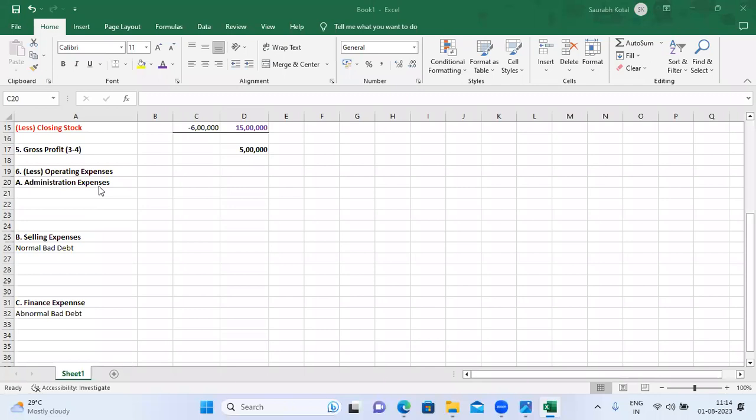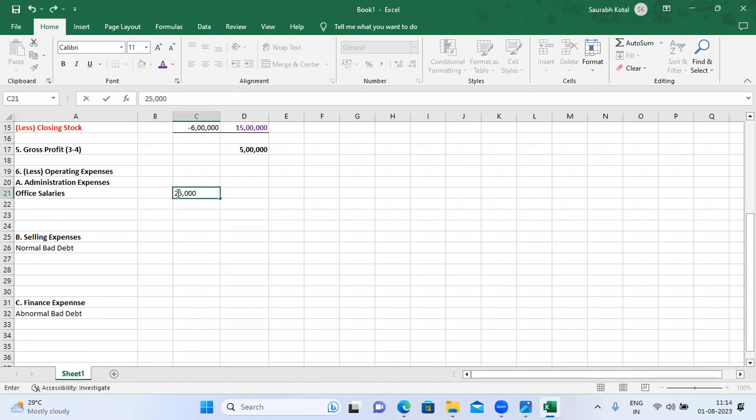Now, among these expenses, some are operating expenses and some are non-operating expenses. If they are non-operating expenses, let them be non-operating expenses. But when I talk about office salary, how much is it? It is 25,000.